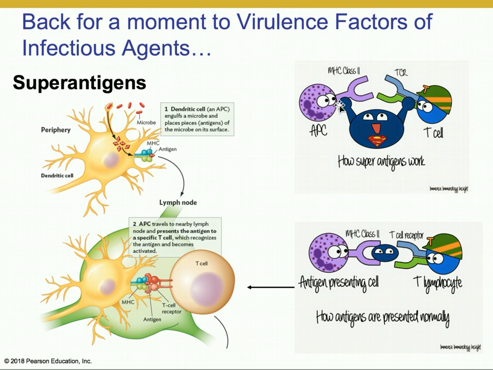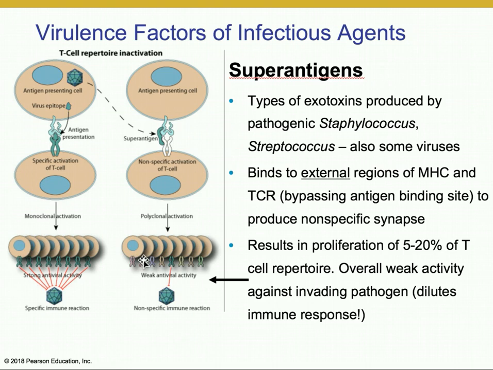Essentially, they take any antigen-presenting cell with an MHC class II molecule and non-specifically attach it to and activate a T cell. So the Superman symbol there is indicating that this is occurring even without the presence of an antigen. So this is an abnormal situation.